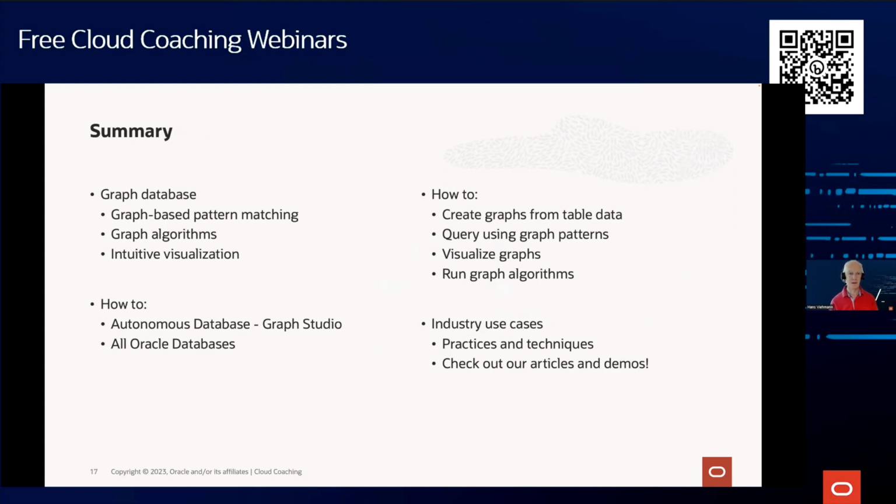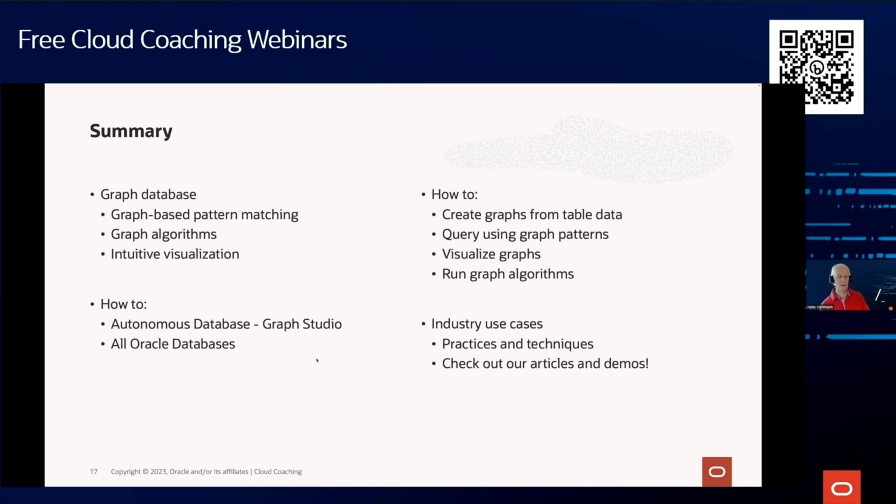Okay, as a summary. Yes, a graph database is useful for graph-based pattern matching, graph algorithms, and intuitive graph visualization. And I introduced how to create graphs from table data, query using graph patterns, visualize graphs, and run graph algorithms, using Autonomous Database Graph Studio.